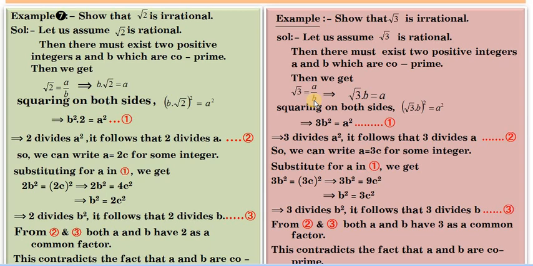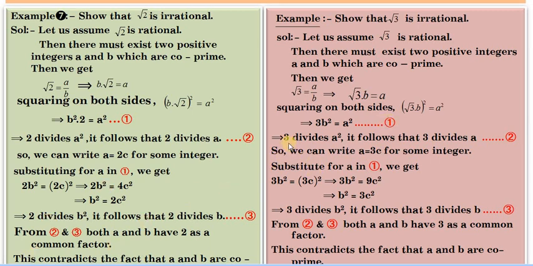Now if we transpose this b to the left side, what happens? Root 3 into b is equal to a. Now squaring on both sides, that is root 3 into b whole square is equal to a square. So this turns to root 3 square means 3, b square is equal to a square. So this is the first statement we have represented.